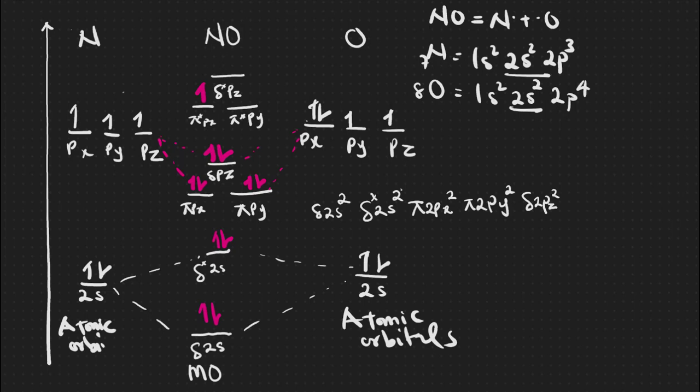And finally, we have the pi anti-bonding 2px, and there is only one electron there.